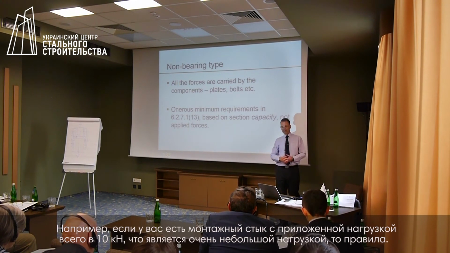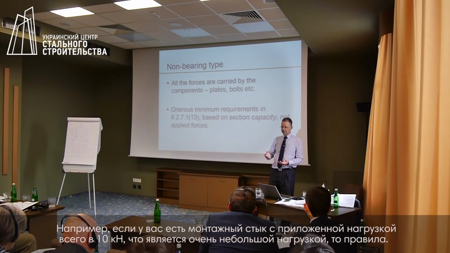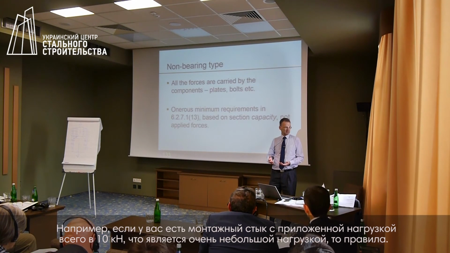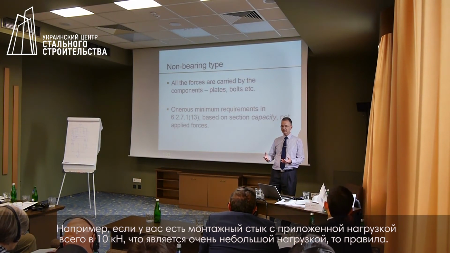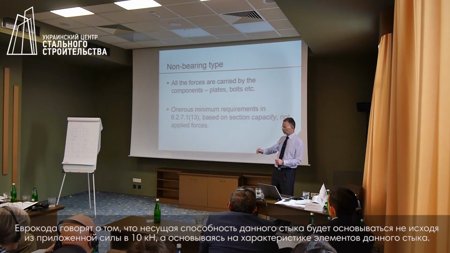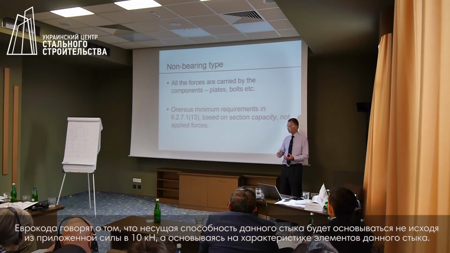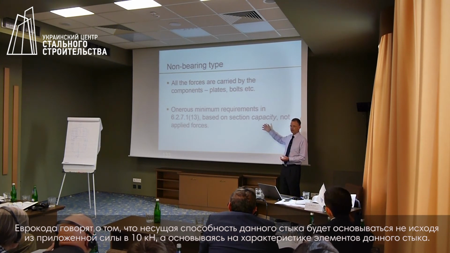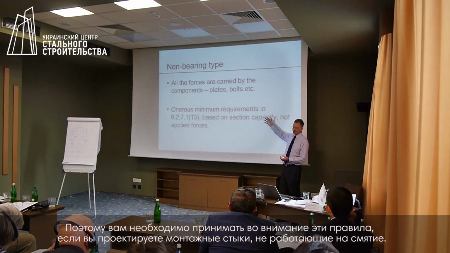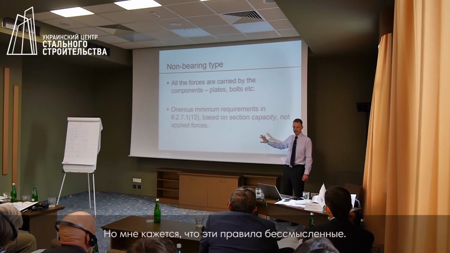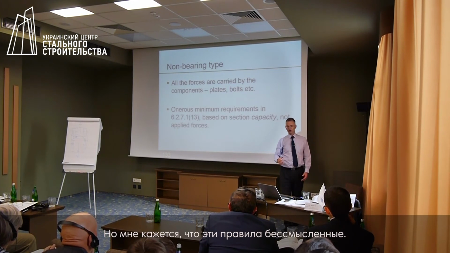So if you had a splice where the applied force was only 10 kilonewtons, so something very small, the rules in the Eurocode say, well, the minimum resistance is not based on 10 kilonewtons, but is based on the capacity of the member. So for non-bearing type splices, the ones with an air gap, you do need to worry about these rules. I think they are unreasonable.